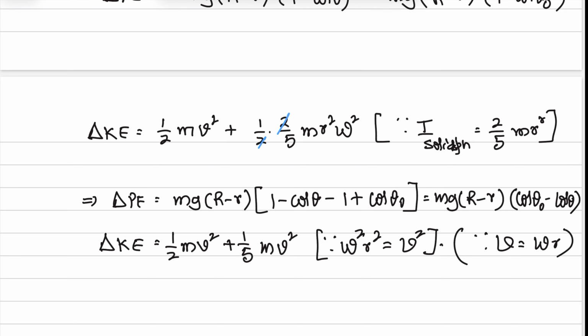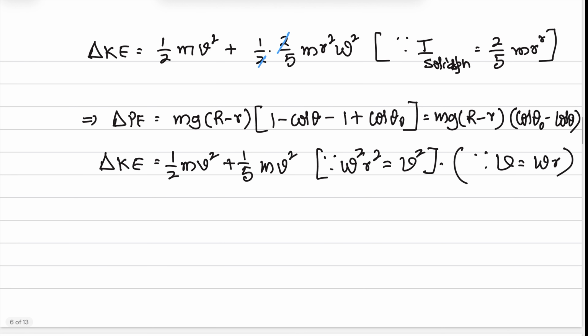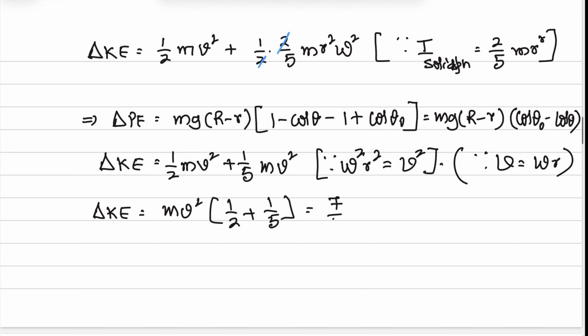This is from the basics of rotational mechanics. Now, what will be the value? Delta KE is equal to mv square into 1 by 2 plus 1 by 5, that is equal to 7 by 10 into mv square.